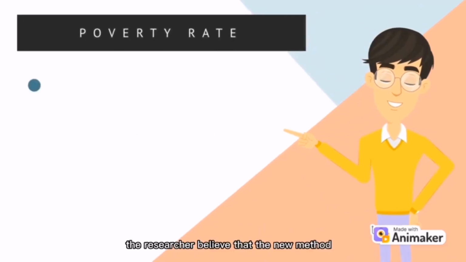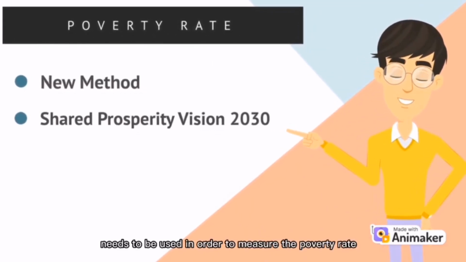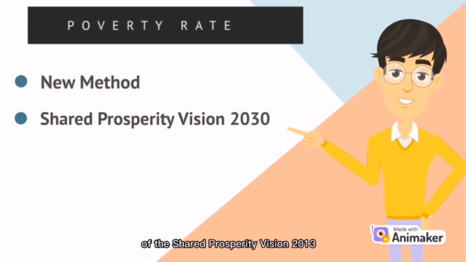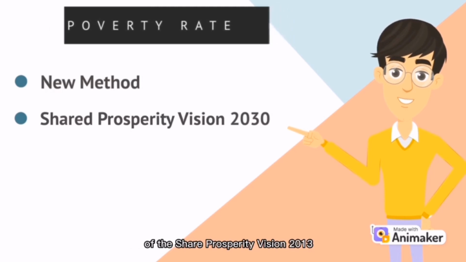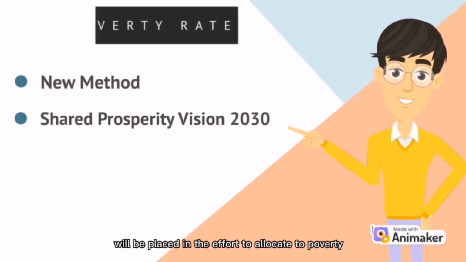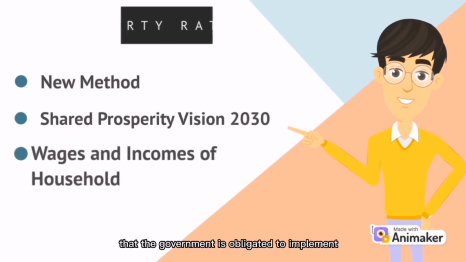Zohair Rosli, the researcher, believes that a new method needs to be used to measure the poverty rate in this new era of globalization, which will be included in the implementation of the Shared Prosperity Vision 2030. As part of this strategy, a greater priority will be placed on the effort to eradicate poverty by means of the many policies and programs that the government is obligated to implement.